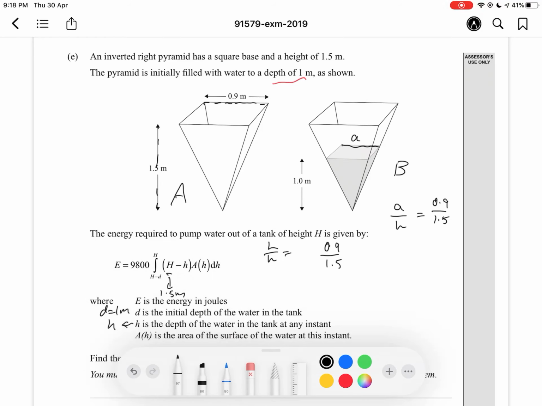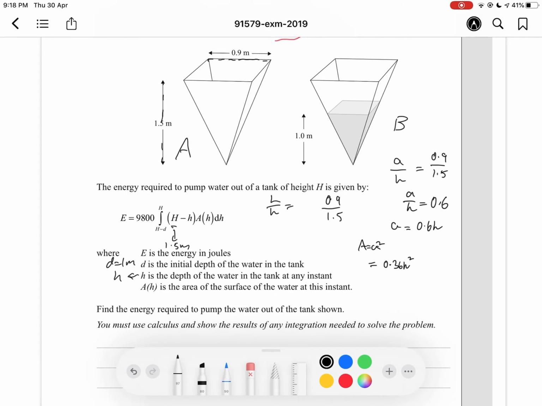So 0.9 divided by 1.5, that's 0.6. So A over H equals 0.6, and therefore A equals 0.6 H. So now we can have a formula for our surface area. So our surface area equals A squared, which is equal to 0.36 H squared.